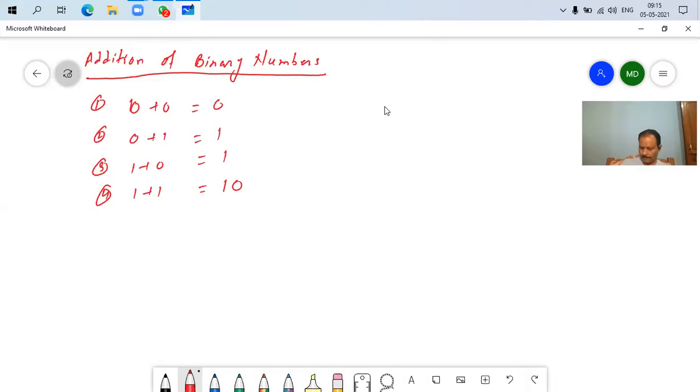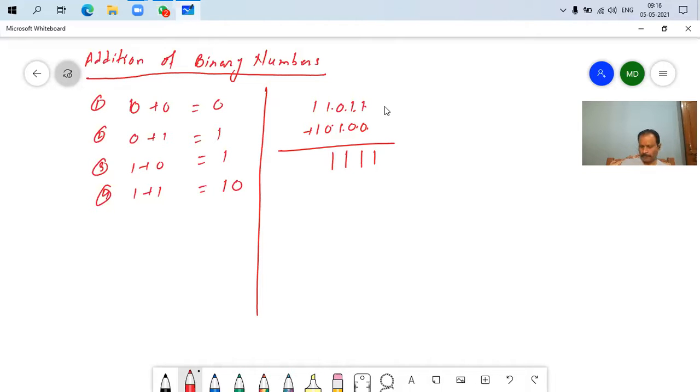Correct. Now, let us take some example. We want to add these numbers. How do we do that? 0 plus 1, 1. 0 plus 1, 1. 1 plus 0, 1. 1 plus 1, 0, plus 1, 1.